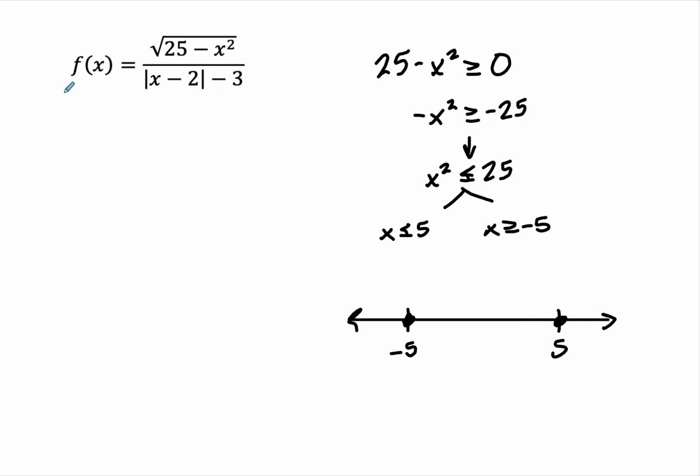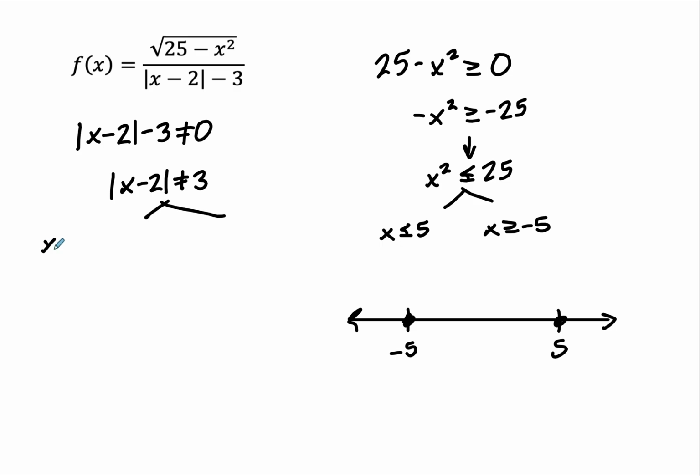Right? But we haven't dealt with the denominator yet because we need to figure out where there's zeros in the denominator. So I'm going to go ahead and look at that. So this cannot be equal to 0. Well, when you're solving an absolute value like this, we're going to move the 3 over first. And now when you look at this, really inside the absolute value could be negative 3 or 3.